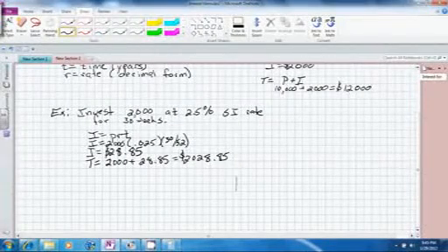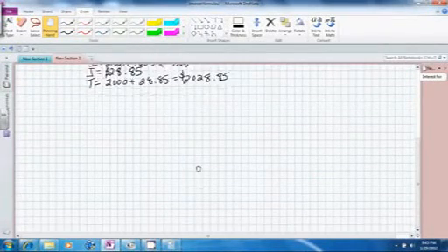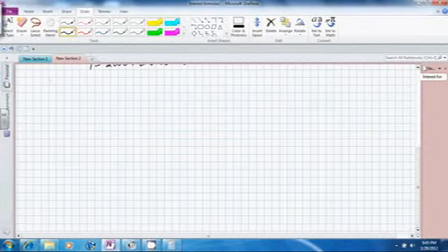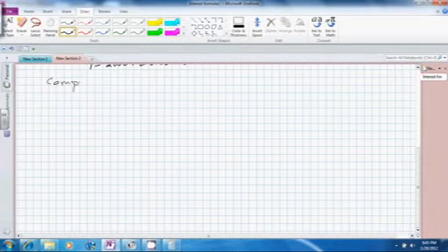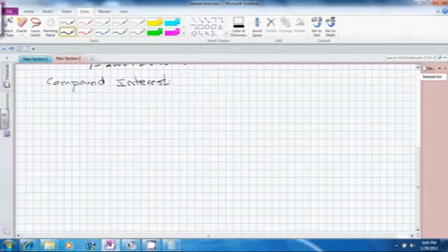Now, there's another type of interest which we call compound interest. Compound interest takes different amounts of time and applies interest onto the principal, so that the new interest gained takes into account the interest already applied and the principal.